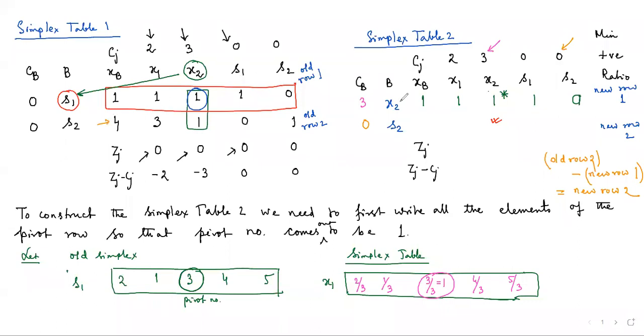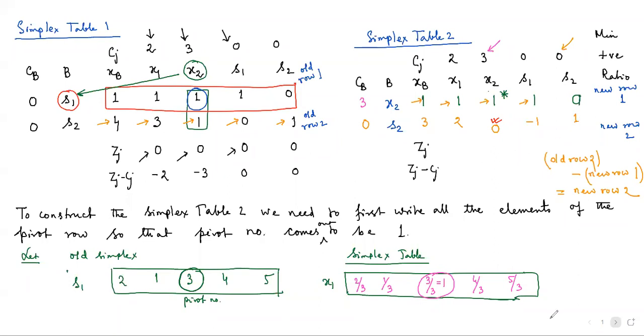4 minus 1 will give you 3. 3 minus 1 will give you 2. 1 minus 1 will give you 0. 0 minus 1 will give you -1. 1 minus 0 will give you 1.